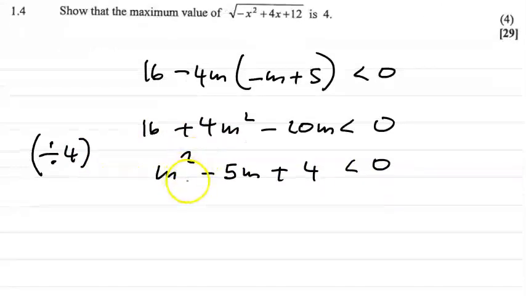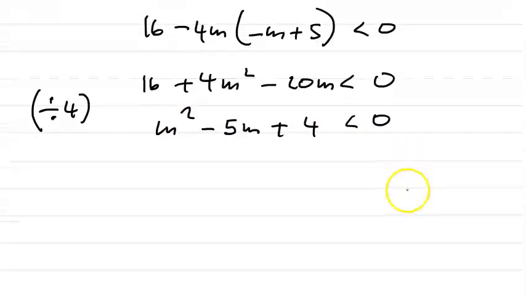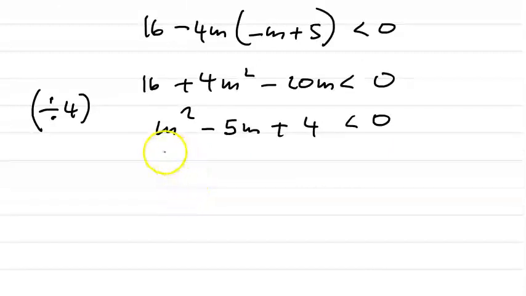So now we have a quadratic inequality, and if you look at the previous videos on how we go about solving quadratic inequalities, this is exactly what I'm going to do in this particular question. So I'm going to be solving this quadratic inequality. Once again, learners, don't forget, double check the opening of your brackets and check your algebra here. For example, plus 4m squared, and we have minus 20m, and so on. Writing in the standard form of the quadratic equation is important as well here.